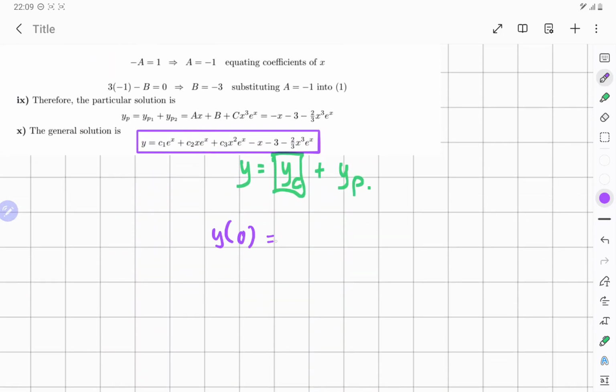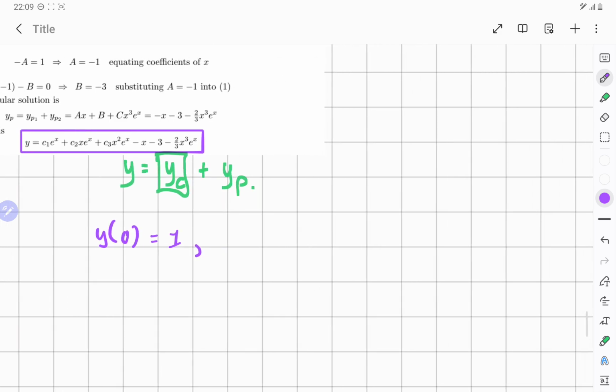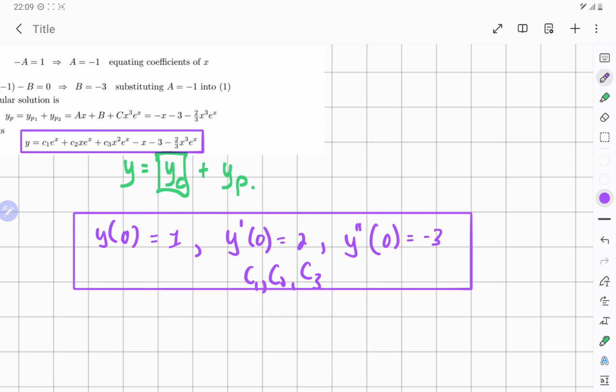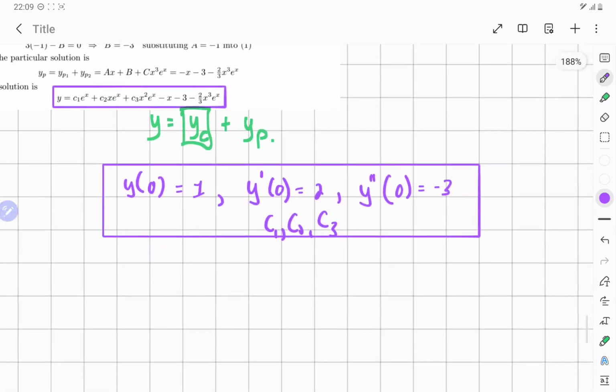So they will give you your 3 initial value conditions. So they will, for instance, give you these, and they will say, now solve C1, C2, and C3. So if you have forgotten this, you can watch the videos on homogeneous differential equations where I did mention that.